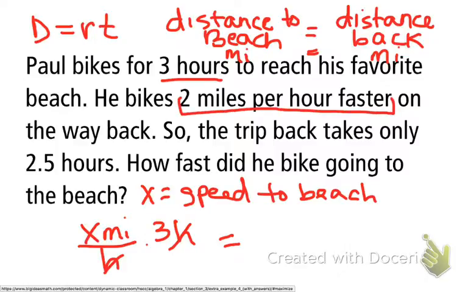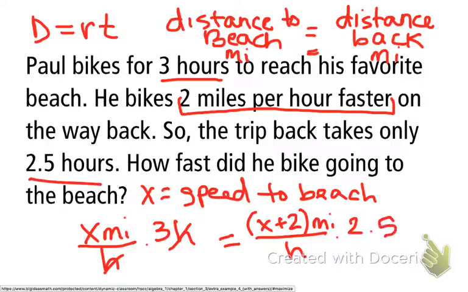So whatever his speed was plus 2, so x plus 2 miles per hour, and it only took 2.5 hours. And again, the hours will cancel out. Okay, so make sure you've gotten that written down, and I'm going to clear it.